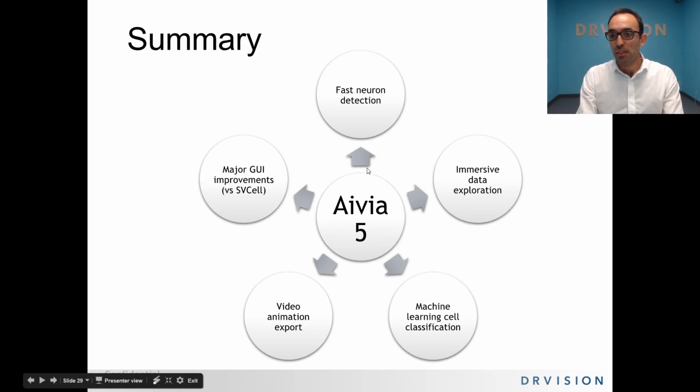So Aivia 5 has a fast neuron detection, has also editing tools for neurons. We have launched an immersive data exploration solution, which Bryce and Hoyen showed you earlier. The machine learning cell classification is something that I just showed you now.